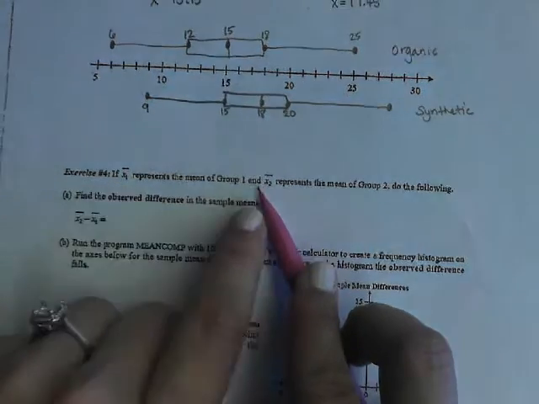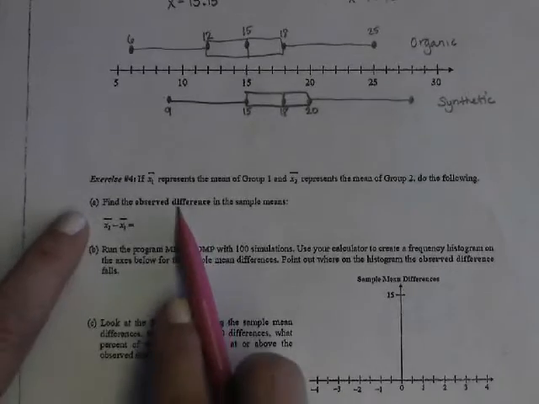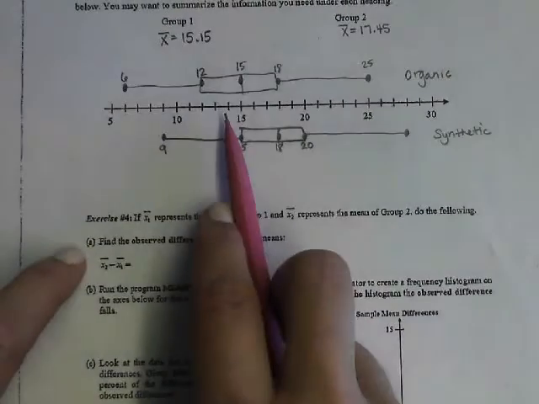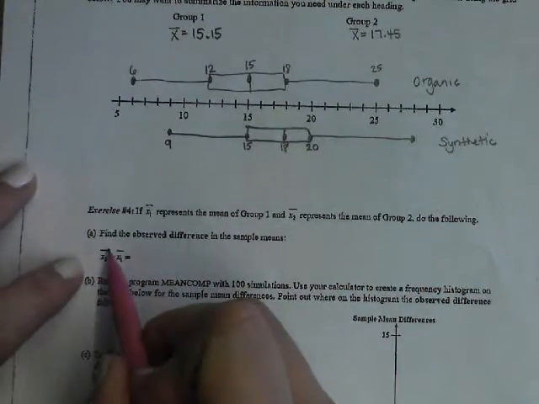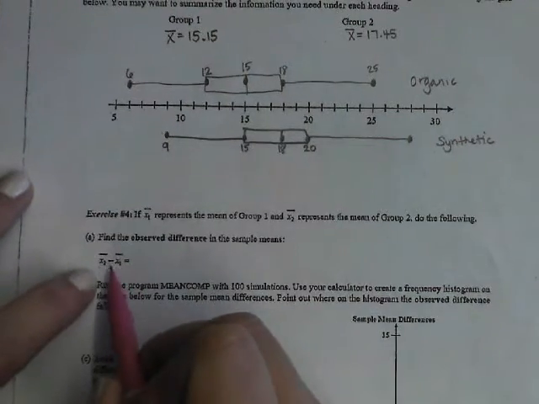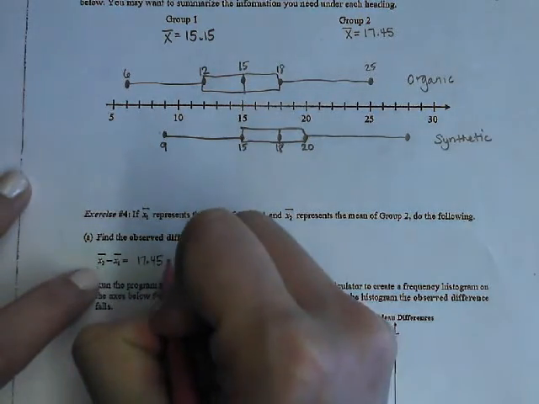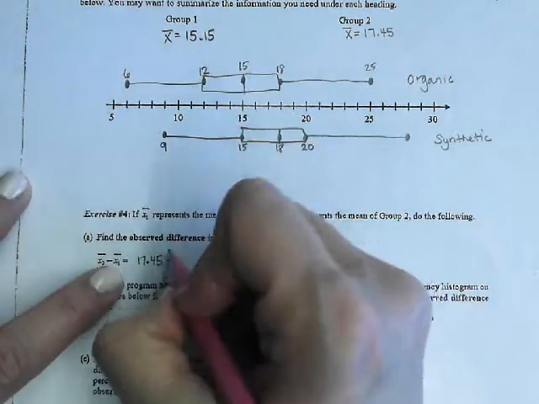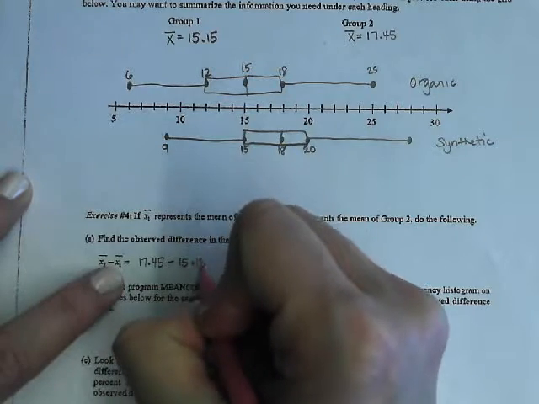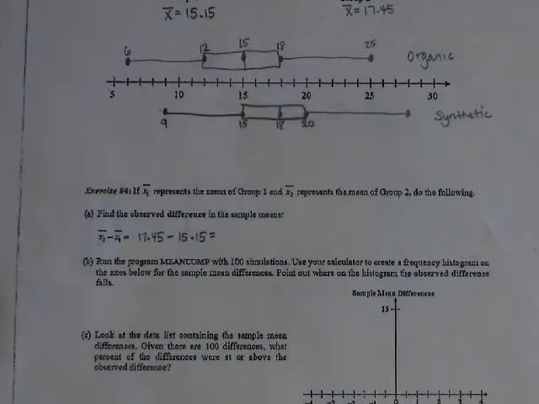Find the observed difference. They specify here x2 minus x1. So the second group's average, which is 17.45, minus the first group's average, 15.15. This is the difference in average heights that we actually observe. So 17.45 minus 15.15.